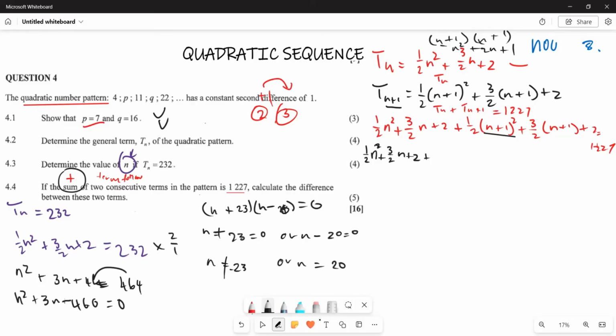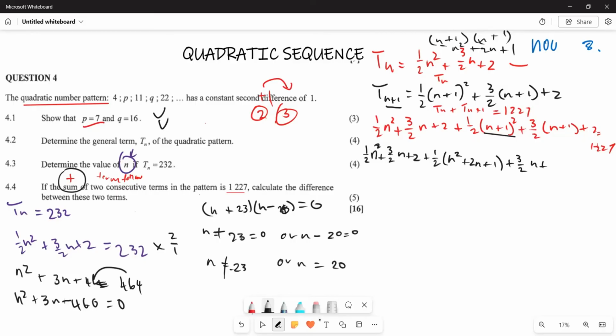So this is the same as 1 over 2 into (n squared plus 2n plus 1). We've just expanded the n plus 1. Then this is going to be plus 3 over 2 into (n plus 1), right?